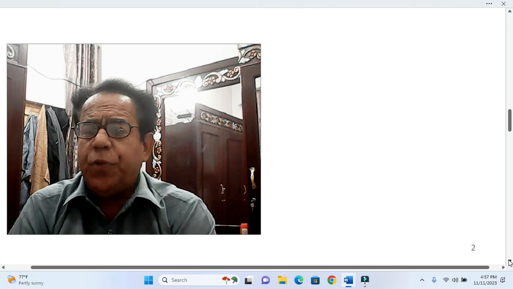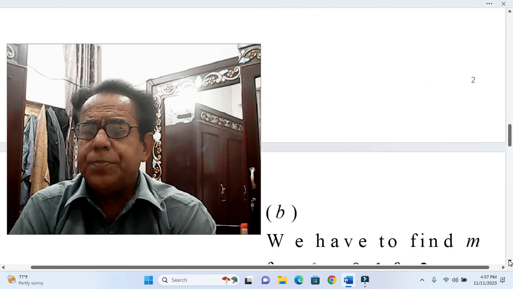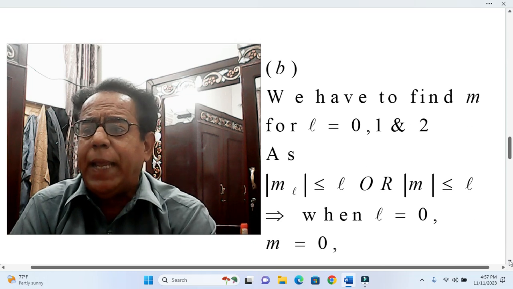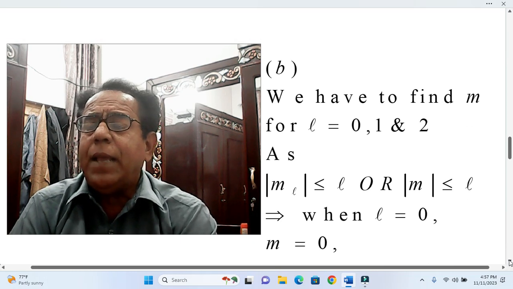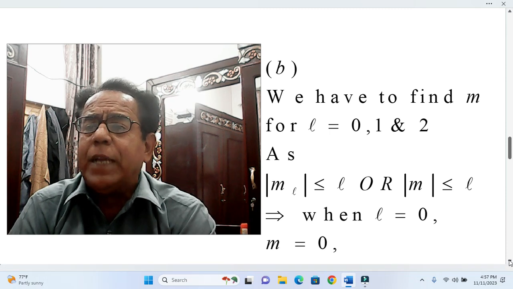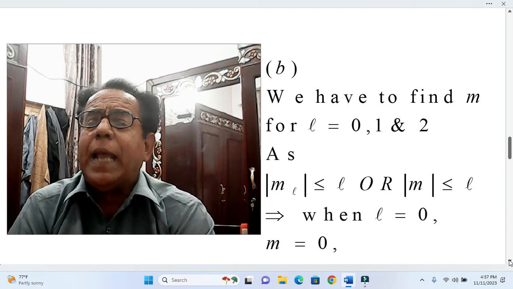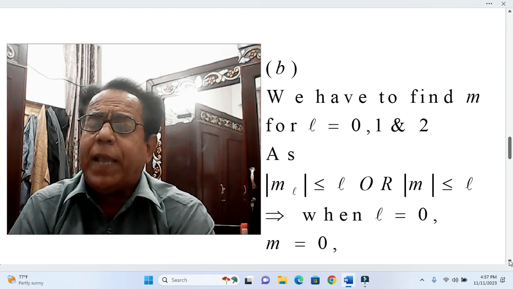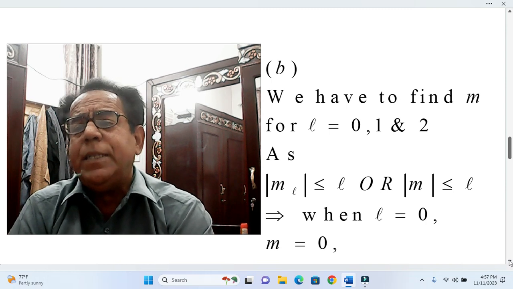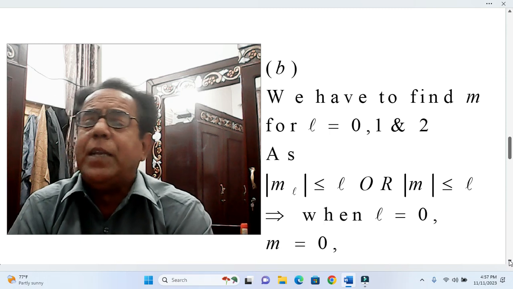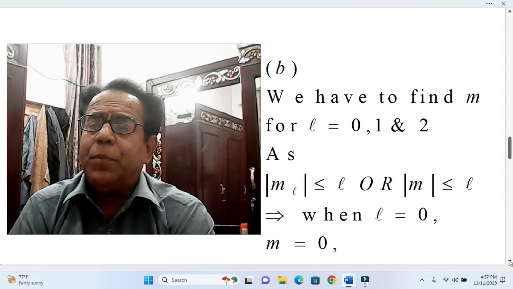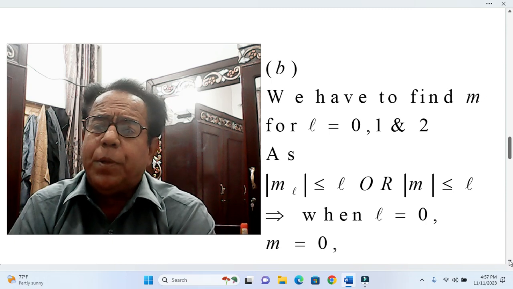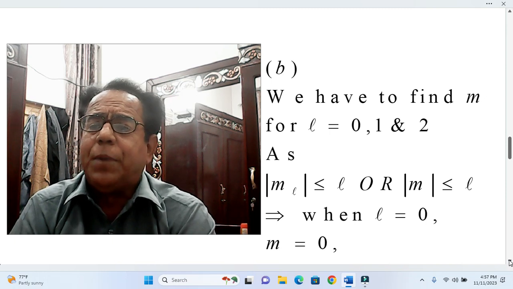Now we move forward. Part B, we have to find small m for l equal to 0, 1 and 2. Three values of l, and for these three values we have to find the values of small m. We have explained in the previous part of this problem what is small l and what is small m.